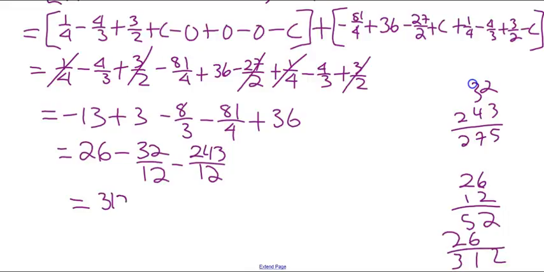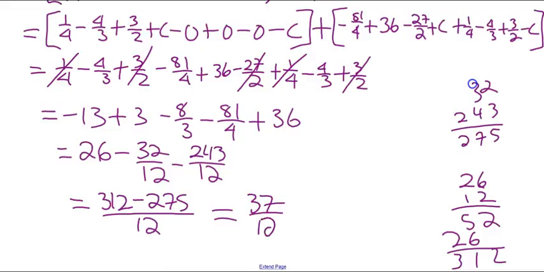So 312 minus 275 all over 12 is 37 twelfths, or 3 and 1/12. Okay, so there, I'll leave that up.